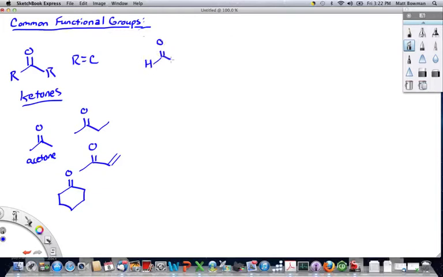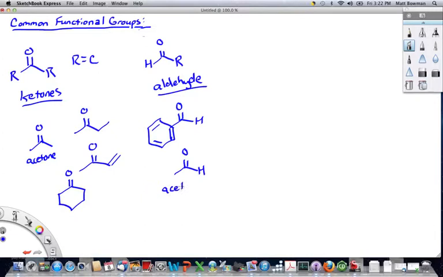If one of the groups attached to a carbonyl is a hydrogen and the other one's a carbon, you have an aldehyde. So things like, here we have benzaldehyde. It smells like maraschino cherries or almonds. We have acetaldehyde, which is a molecule responsible for hangovers.